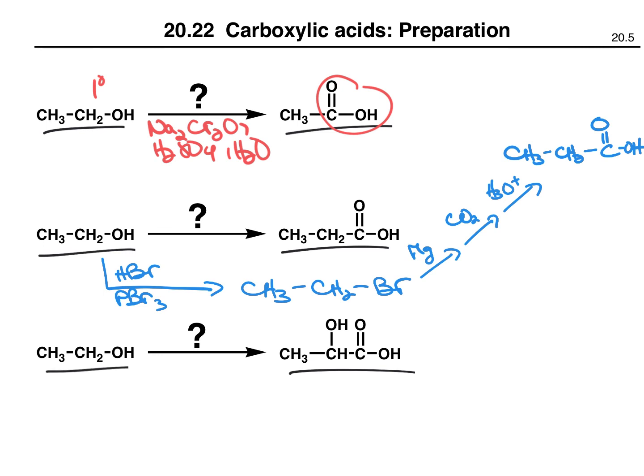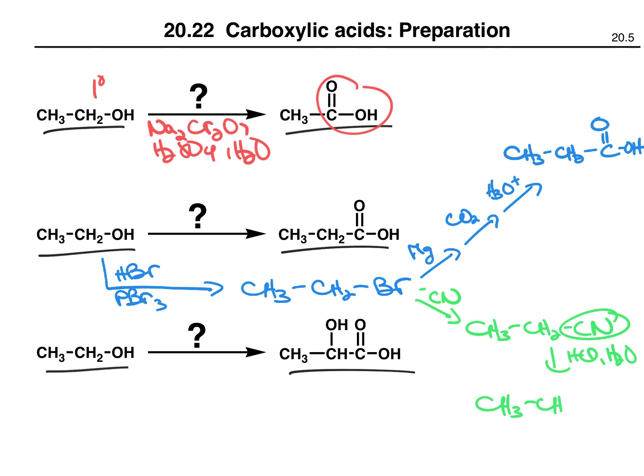Alternatively, from the bromide, we can treat this with cyanide to give the nitrile, and then this can be treated with HCl and water to hydrolyze the nitrile to give this carboxylic acid. So in this case, we have two different ways that we can make our target.